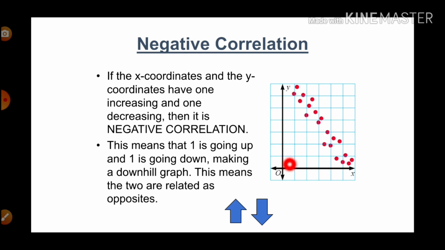However, as x increases to about 5, what happened to y? It's 0.5. So as one increases, the other decreases. It's showing negative correlation. And also remember, in the linear equation, when you see a line going down from left to right, we had a negative gradient. So it's the same concept. We have negative correlation.